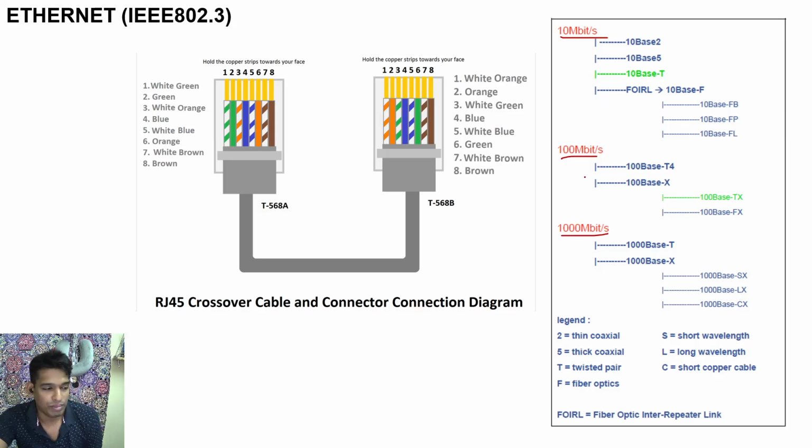These are separate protocols in their own right that together are called Ethernet, which use the same cable. So the cabling and the connector are the same for all these, but they are logically very different standards.